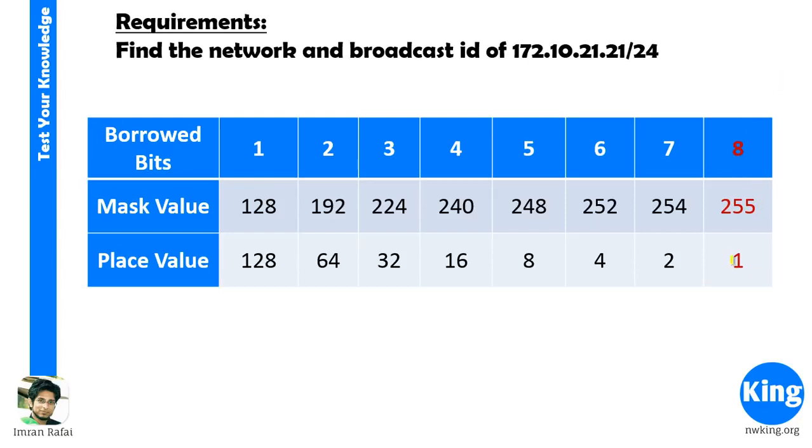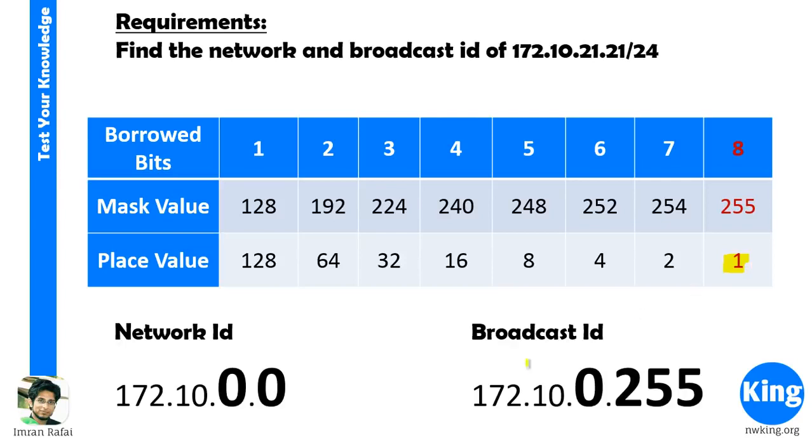And the place value is 1. That means we need to add 1 to the 3rd octet to keep getting subsequent network IDs. What is the first network ID? We know this, 172.10.0.0, like you see here, and the broadcast ID is 0.255.